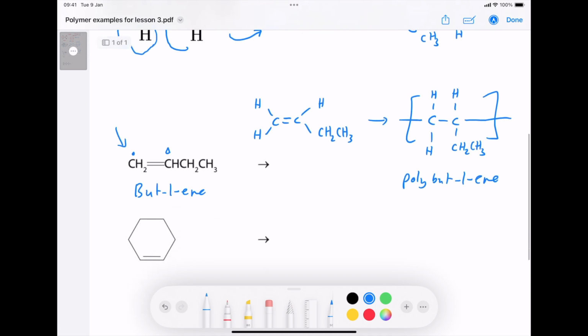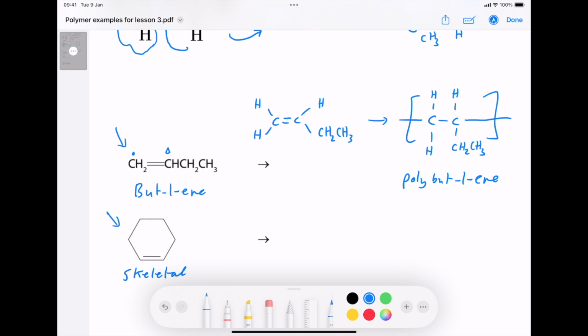The next one is a horrible one. It really catches students out because of this ring structure. So, by the way, these ones you're only going to see in advanced placement A-level chemistry. So GCSE students, you will not get anything as hard as this. But the method is the same. At the moment, it's drawn in skeletal form, and that might be hard to visualize the repeat unit for.